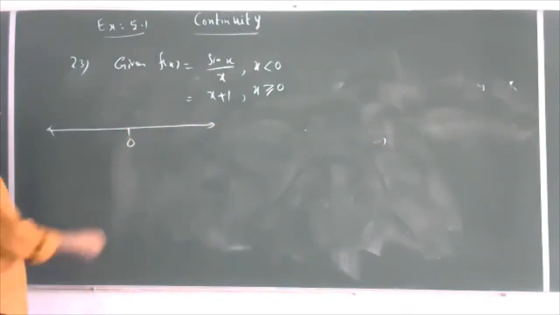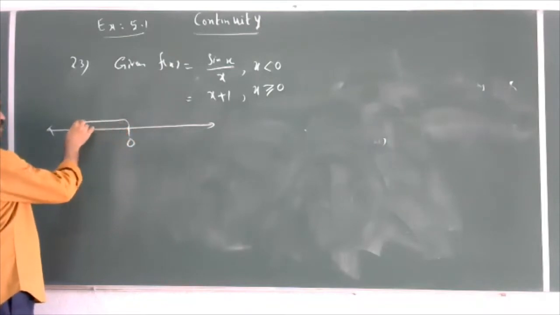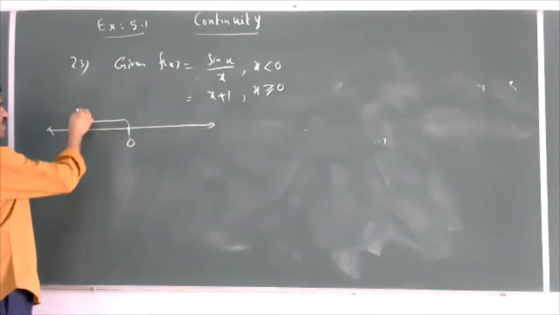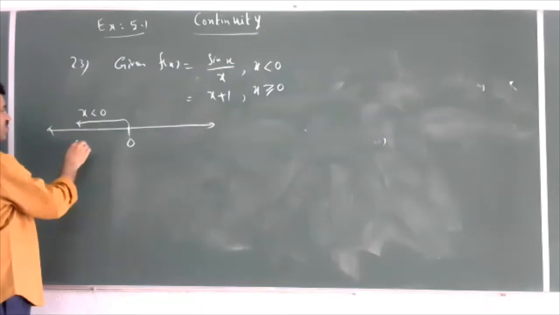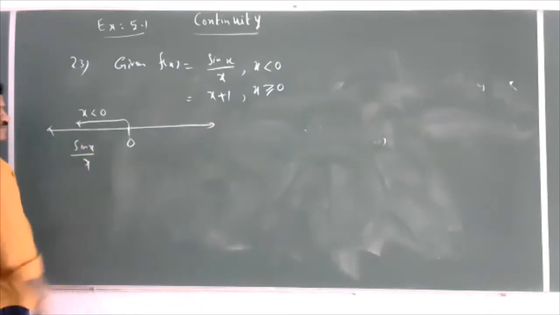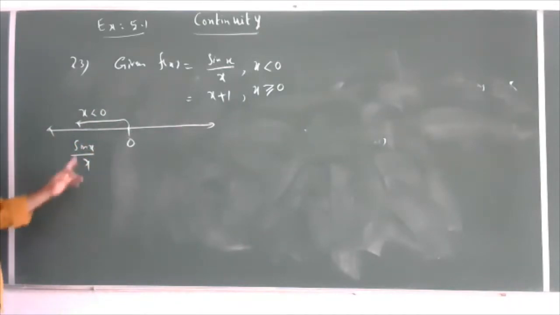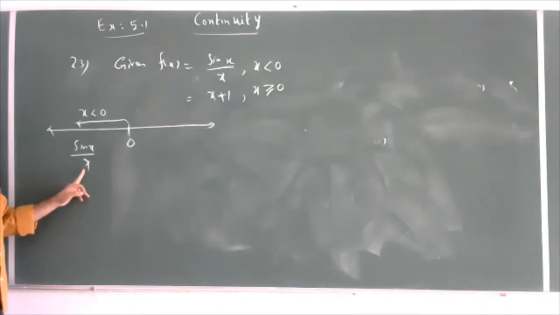When x value is less than 0, what is the given function? Sin x by x. Sin x is continuous on R, x is continuous on R, so sin x by x is continuous for x not equal to 0.